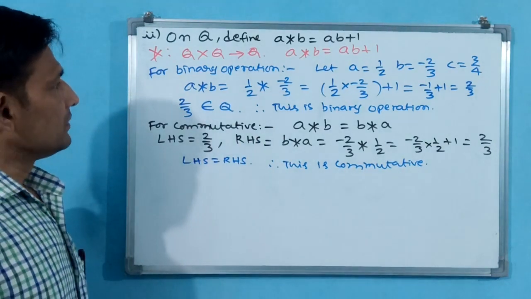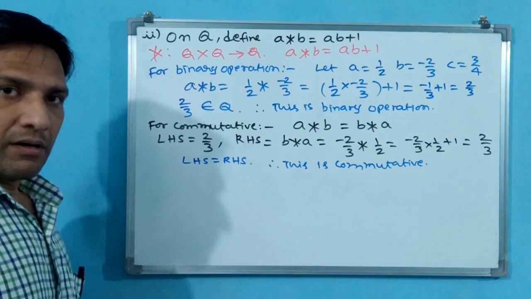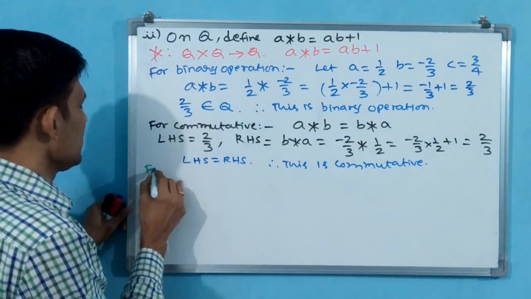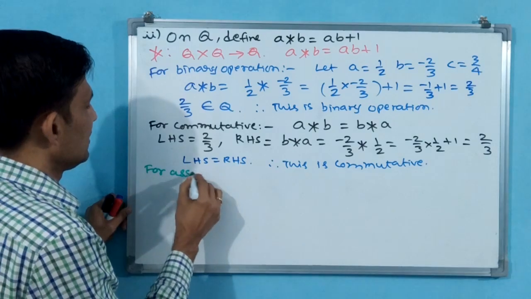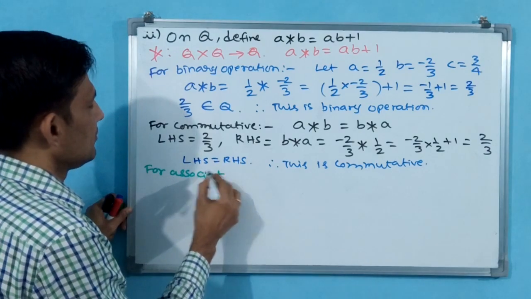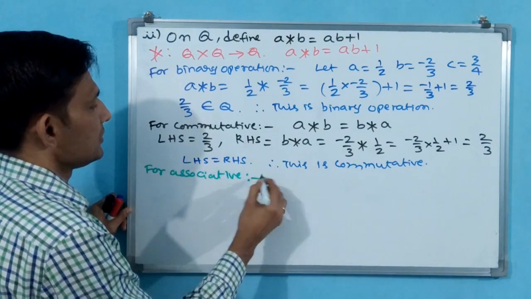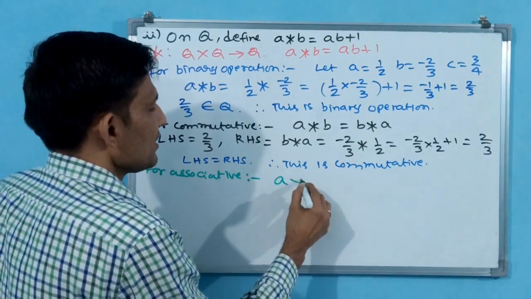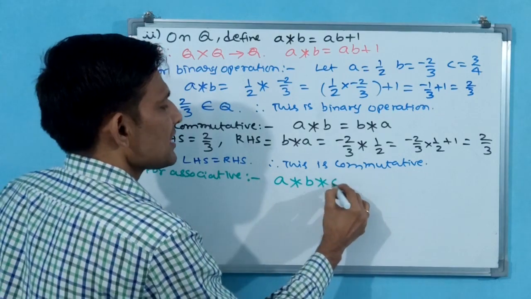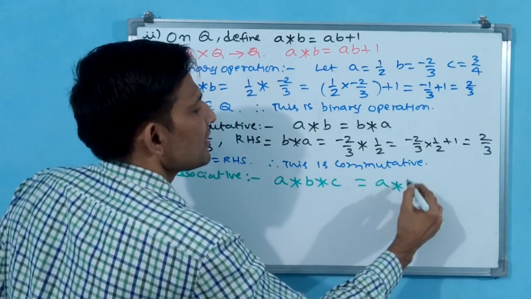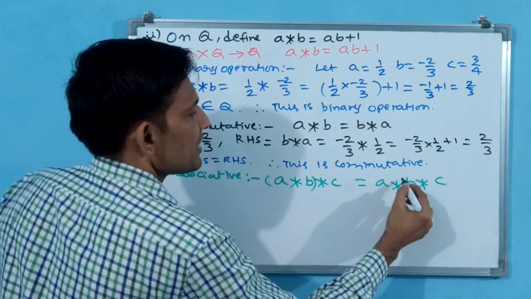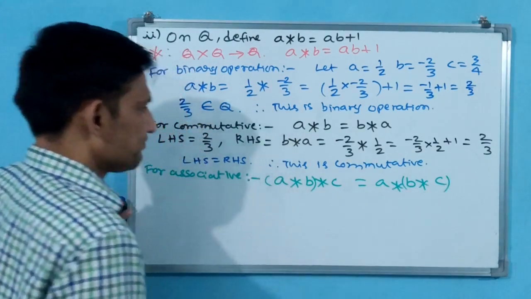Now you go for associative also. For associative, what will be the property? A star B star C is equal to A star B star C, but here the parenthesis will be for AB, here BC.